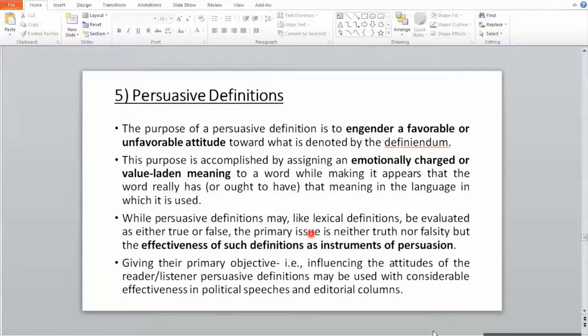That is persuasive. By the way, all the 5 types of definition, you can understand by merely looking at the name of the type itself. Persuasive, it's explanatory itself.